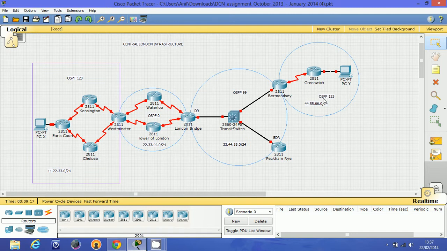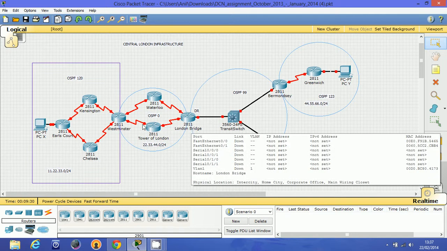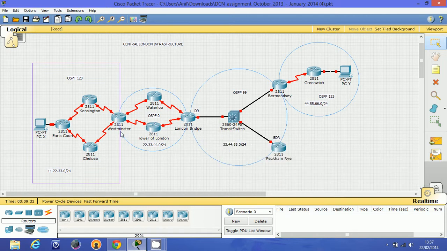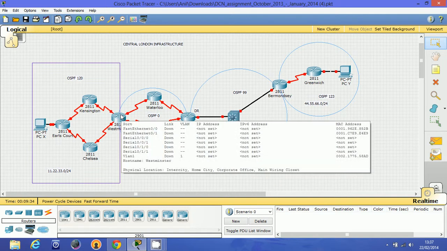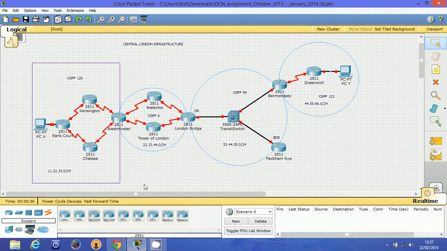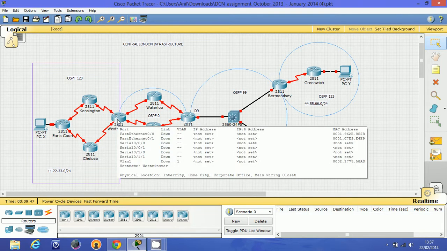Now, let's understand what an area border router is. The router which connects two areas is called an area border router. In this case, this is the area border router.